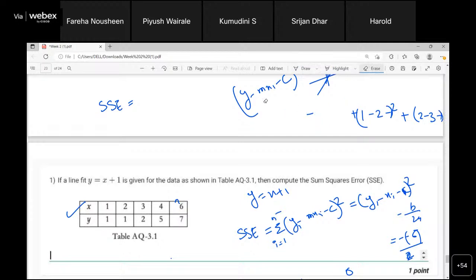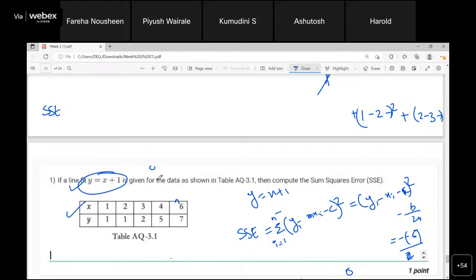Please note, I am making some calculation mistake, I will redo it here. C is always 1 for this question, y equals x plus 1. That is (y minus x minus 1) whole square, summation of i varies from 1 to n. That is my SSE. You have to find out the sum of squared errors.